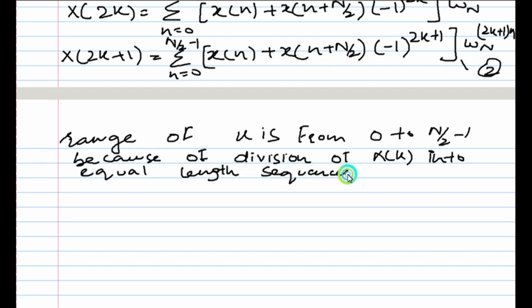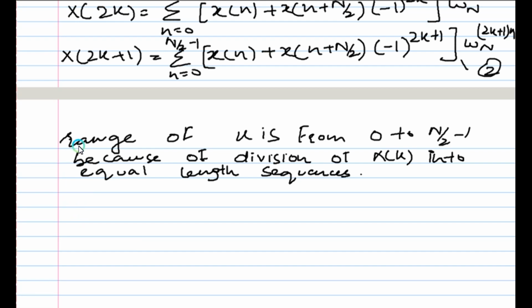So the range of k in both the cases, x of 2k and x of 2k plus 1, will be 0 to N by 2 minus 1. Similarly, the range of n is as given in the summations, 0 to N by 2 minus 1. So if capital N is equal to 8, then the range of k will be from 0 to 4, and the range of small n will be from 0 to 4.